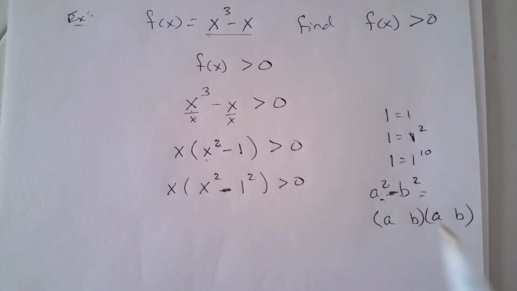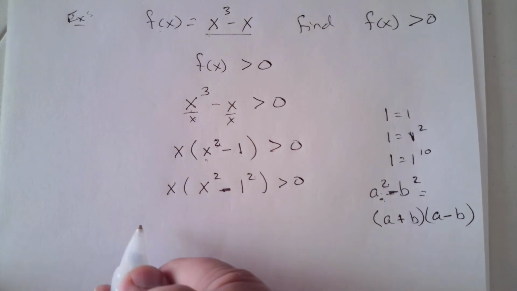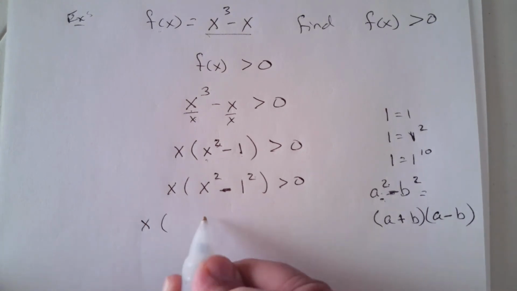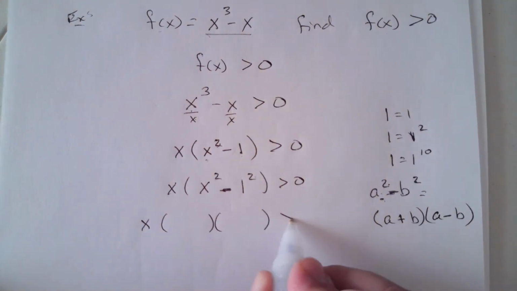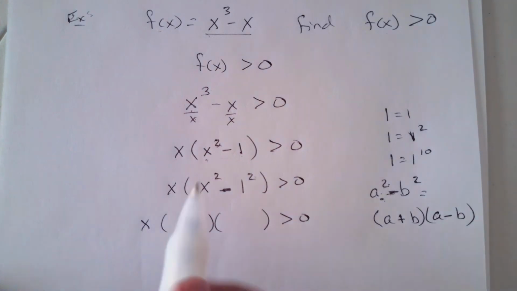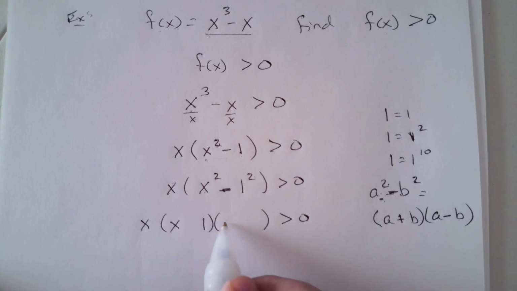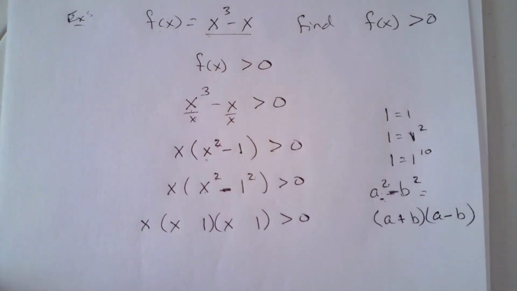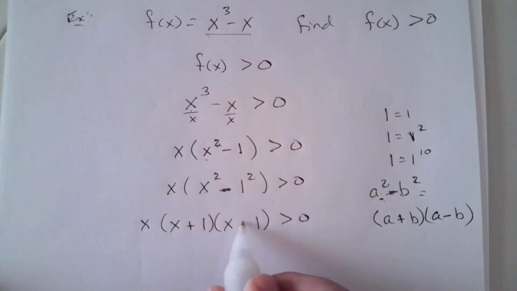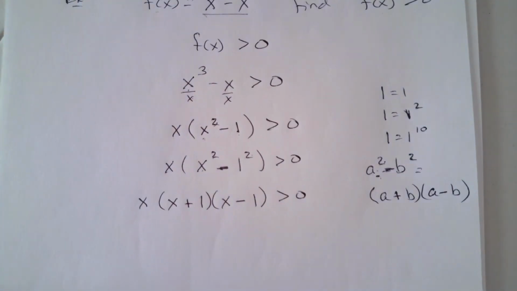So whatever's under the squares goes in those positions. One's going to be plus, one's going to be minus. That's called the difference of two squares. Now we have factored.